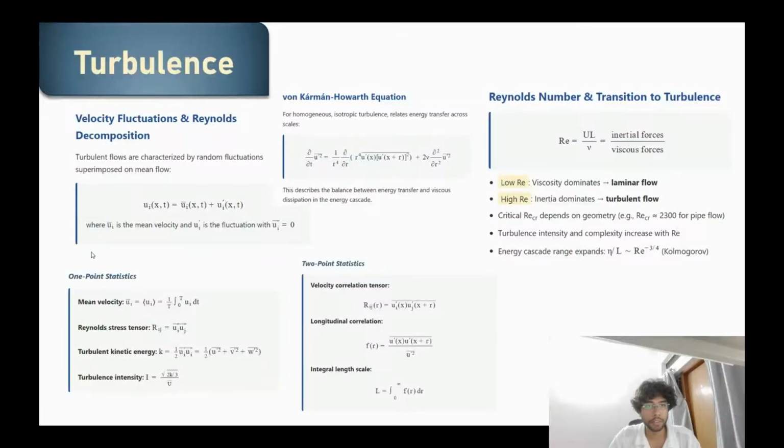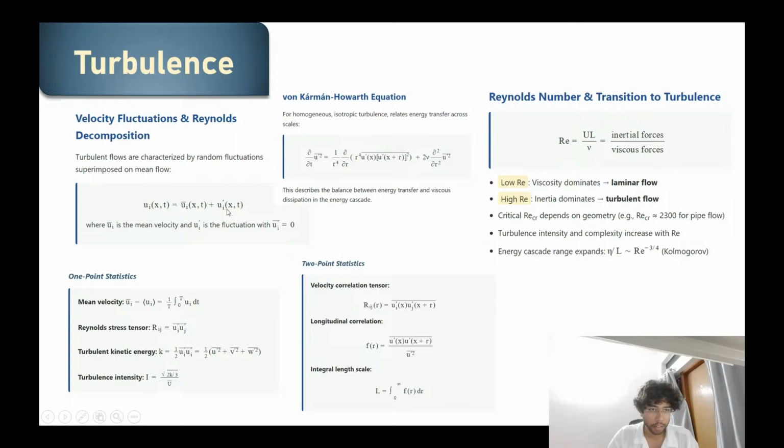The mean velocity should ideally be the ensemble average, but in this case we are just going to do a spatial average of the velocity. Over that spatial average, whatever the variation is, we categorize as the turbulent part, which is denoted as u_i prime.